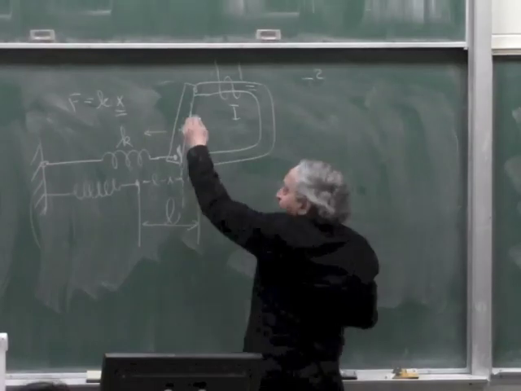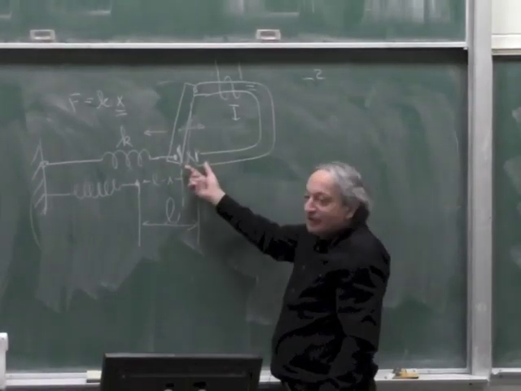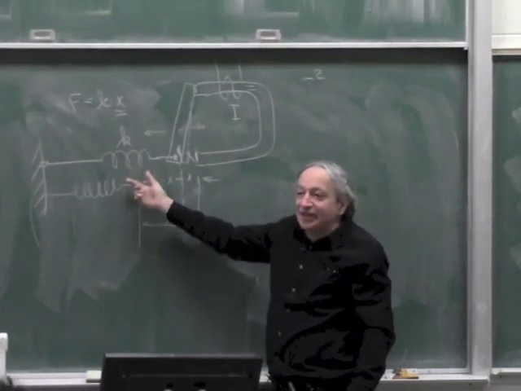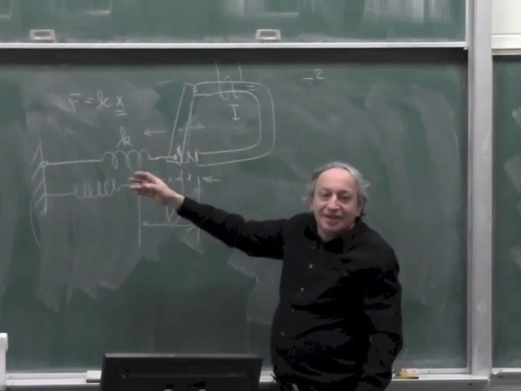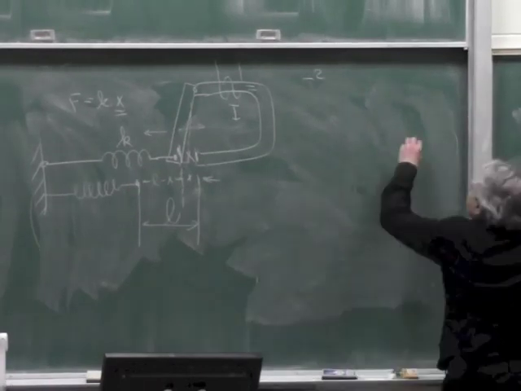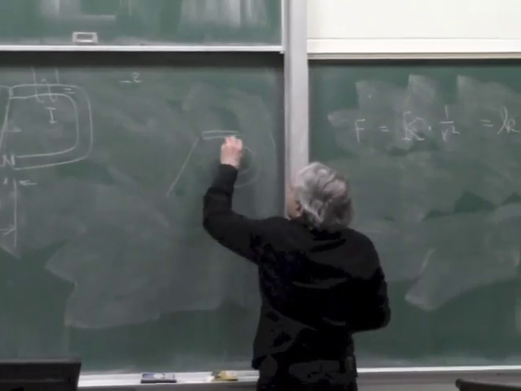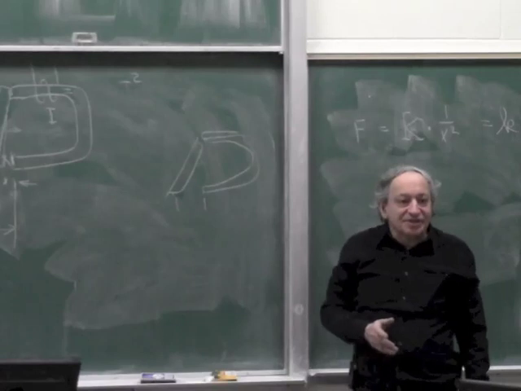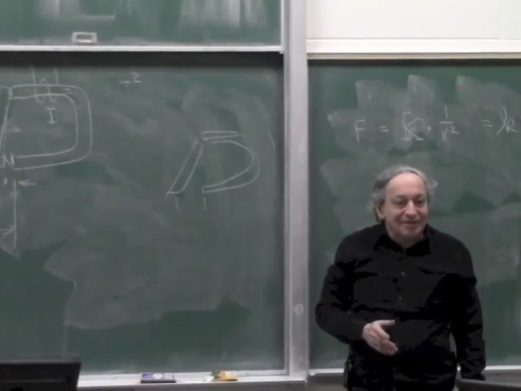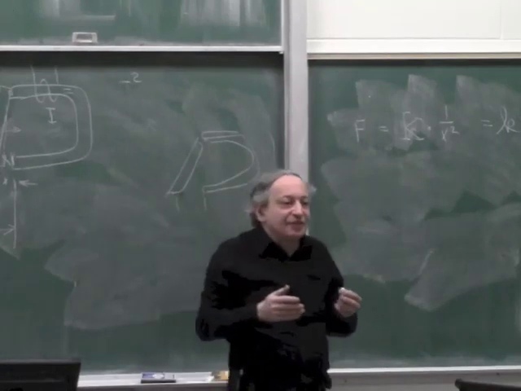Because even if it doesn't snap, it's still true that this force is an inverse square law, and this is linear. So why doesn't it snap right away? When it's fully open like this, this force is still inverse square law, but it doesn't snap. At some point it snaps. So what happened? What's the difference?